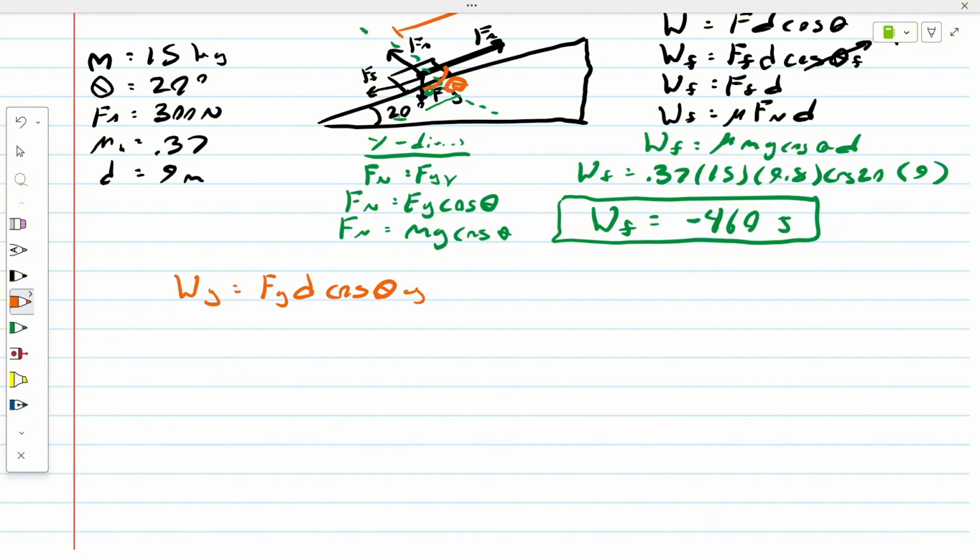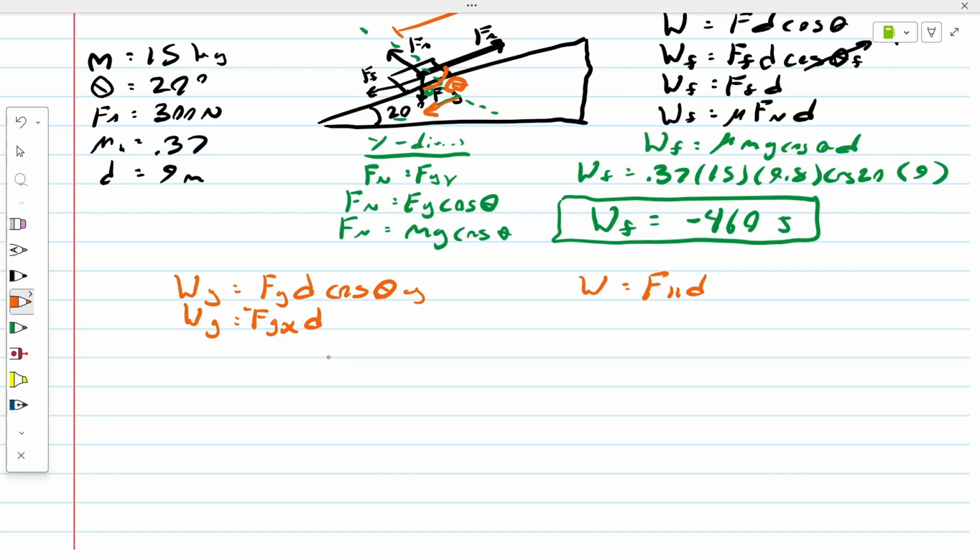We could add 20 to 90, but we could also use the version of the work equation where the force is parallel to the distance. The force that's parallel to the distance is going to be that Fg in the x direction. So we can plug in our work due to gravity as Fgx times d. But since Fgx is in the opposite direction of the motion, it'll be a negative Fgx times d.